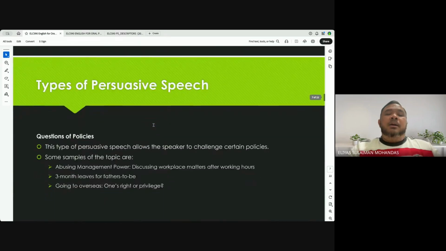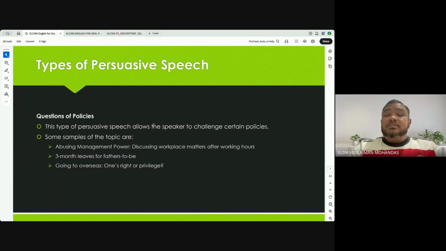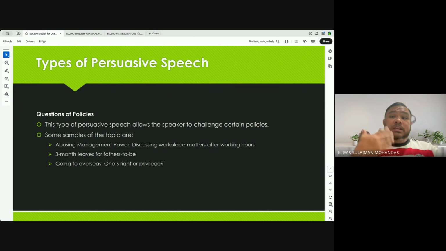Okay. The last one is questions of policies, which means that you begin to question certain policies. For example, abusing management power, discussing workplace matters after working hours. A lot of bosses are doing that, yeah? Or 3 months leave for fathers to be. 1 week isn't enough. In your country, it's only 1 week, right? If let's say your wife gives birth, the father gets 1 week off.